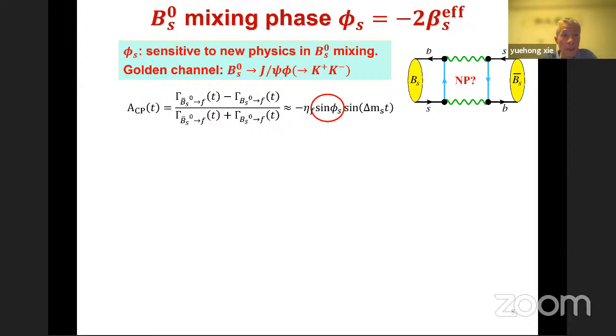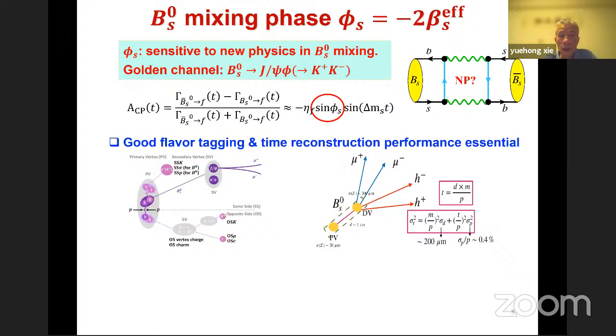The time-dependent asymmetry has an oscillation pattern where the oscillation frequency is equal to delta m_s, the mass difference between the two mass eigenstates, and phi_s is the oscillation magnitude. In order to measure the CP asymmetry, we need good flavor tagging performance and time resolution.